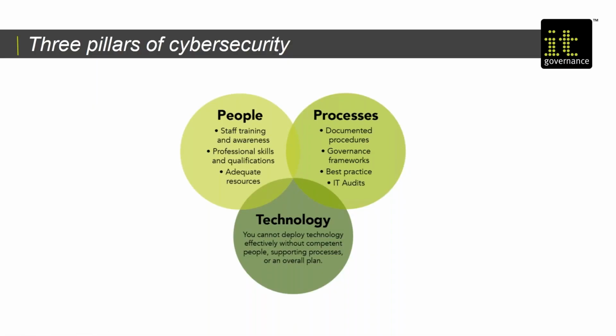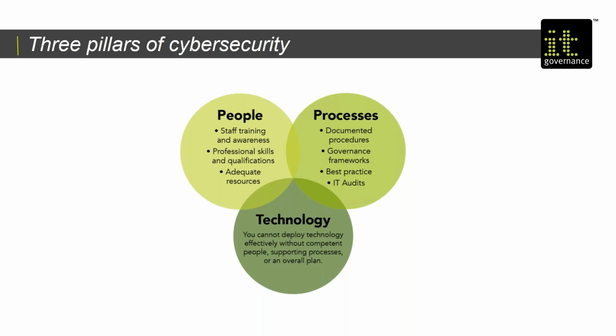So the three pillars of cybersecurity really are people, process, and technology. Many organizations have been led over the years to believe that effective information security is achieved simply by deploying the latest in the form of anti-malware software, leak detection software, access control software, a whole range of software solutions, all in a secure physical and digital environment.